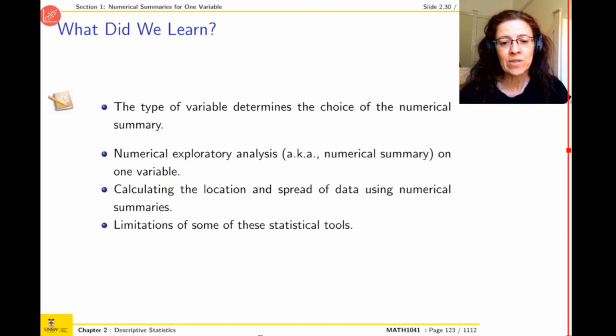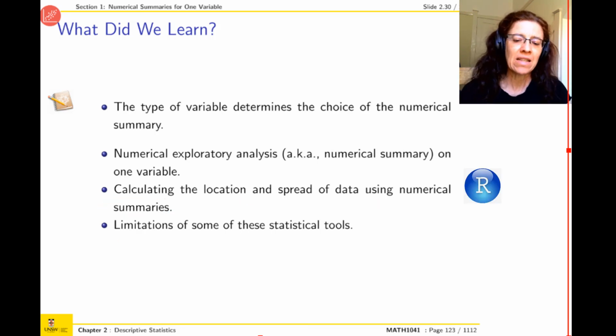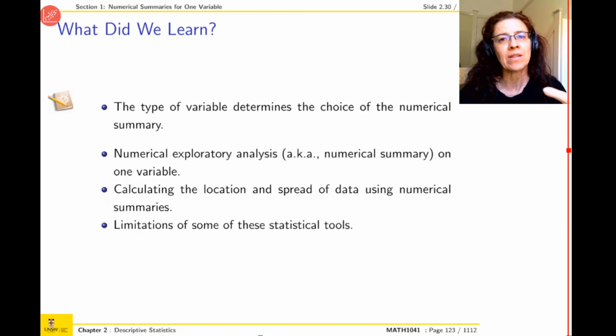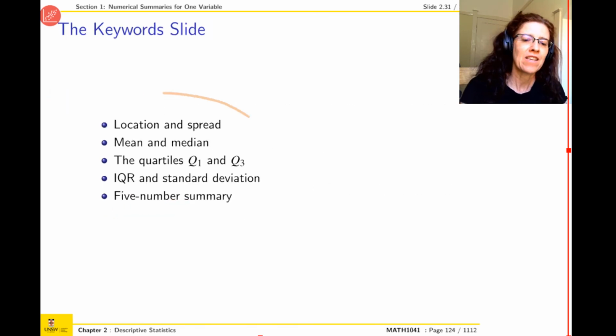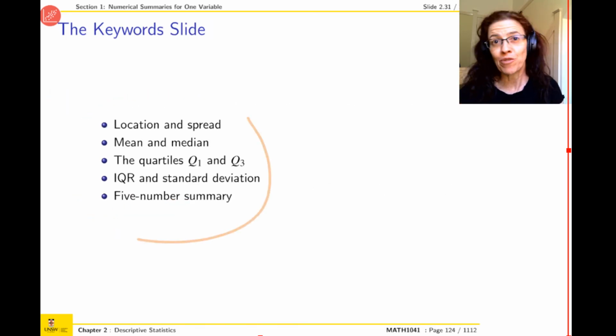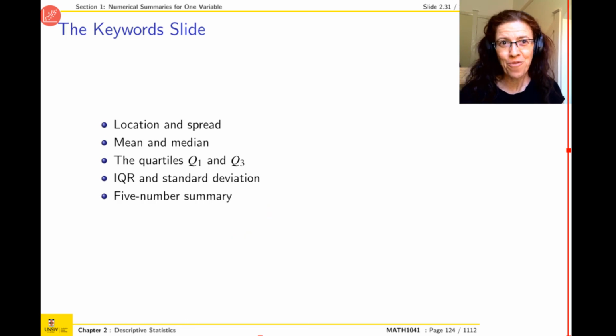And you should know using R how to calculate the location and the spread using numerical summaries, using RStudio. And the limitation of those tools, and in particular the fact that the mean and the standard deviation will be very sensitive to outliers. Keyword, never move on before you for sure know what all these mean.